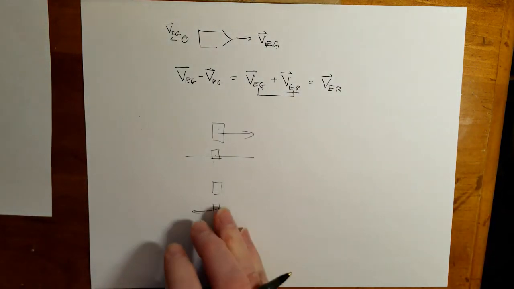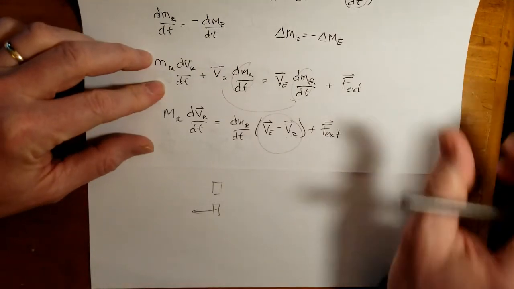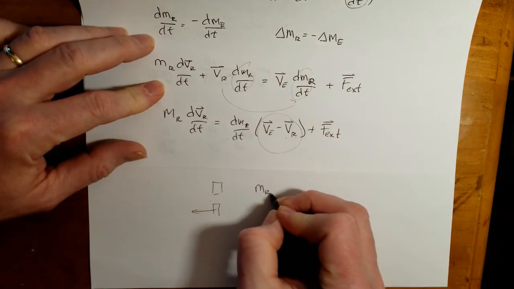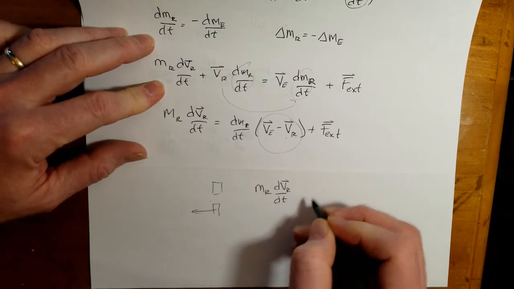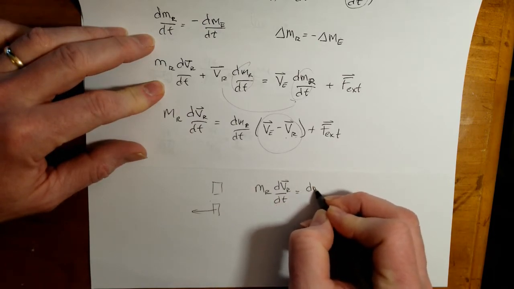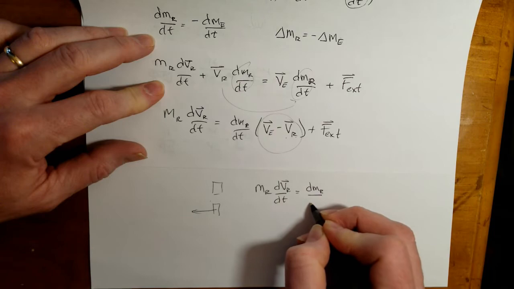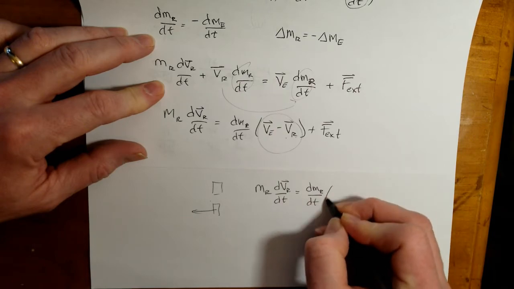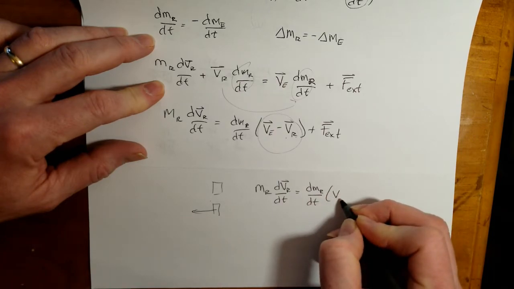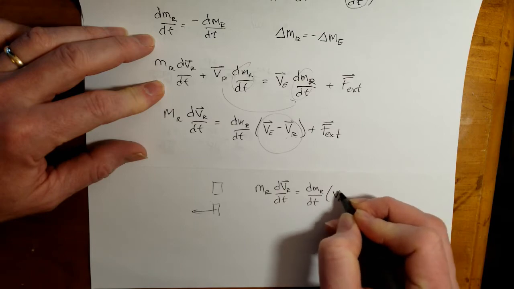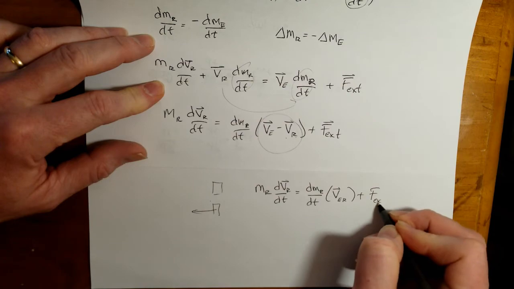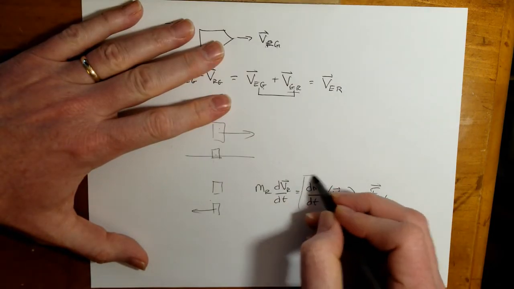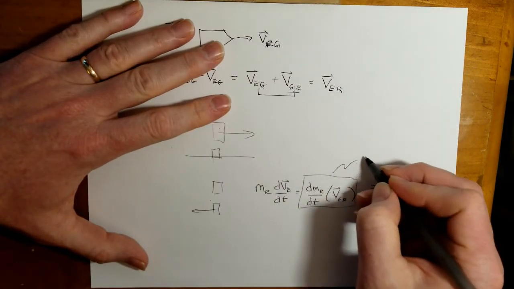And so my equation now becomes mass of rocket times dv dt, in essence the acceleration of the rocket, is equal to dm of the rocket dt times the velocity of the exhaust with respect to the rocket plus this external force. This right here is thrust.